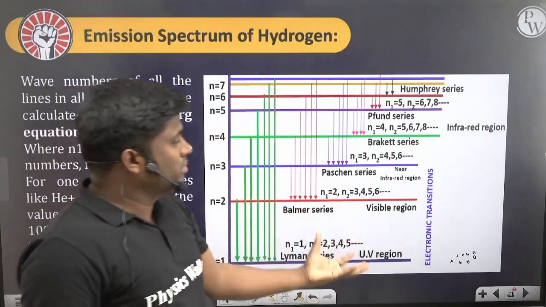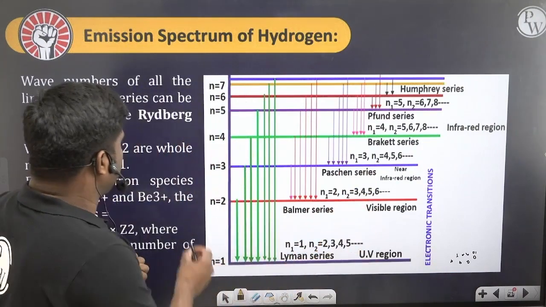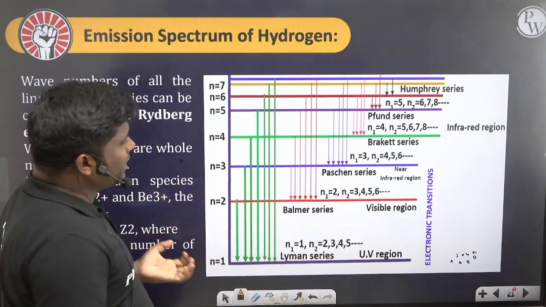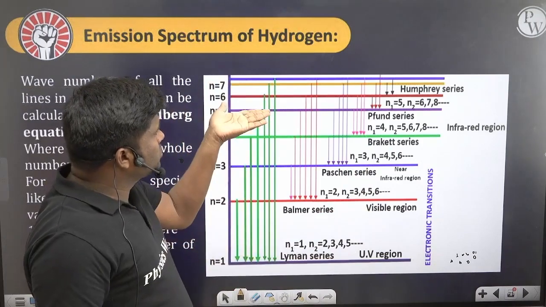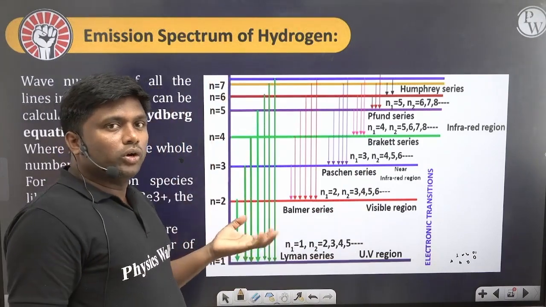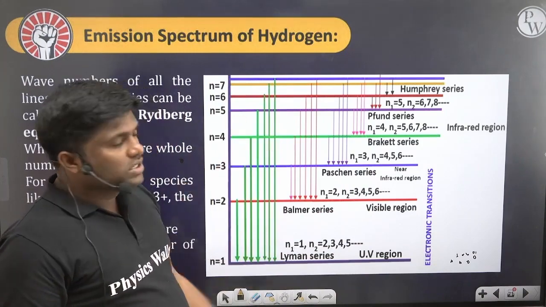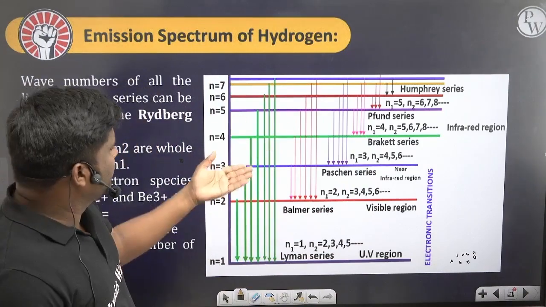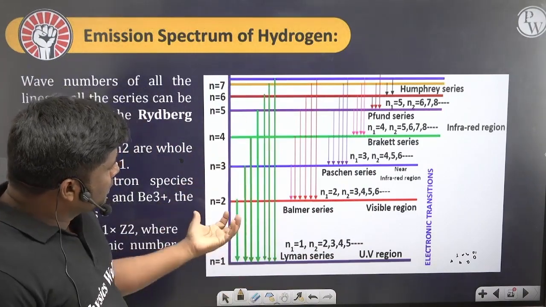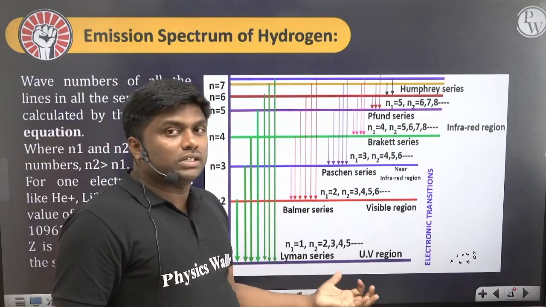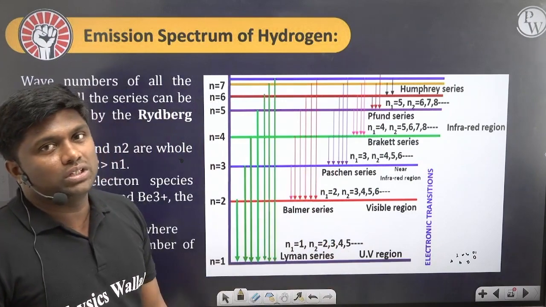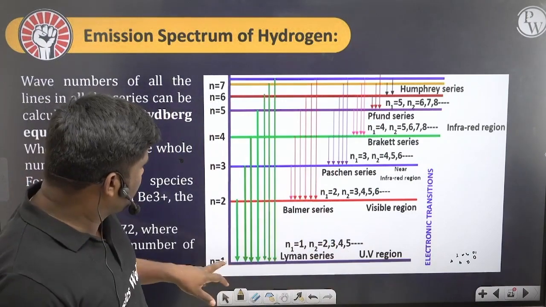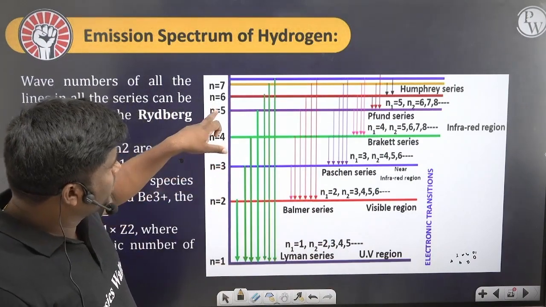When they absorb the maximum amount of energy, where do they go? They go from the lower orbit to the higher orbit. Some absorbed less energy and go to the 6th level. Some absorbed even less energy and go to the 7th level, the 5th level. So based on the amount of energy that they have absorbed, they can go to their respective energy levels or respective orbits: first orbit, second orbit, third orbit, fourth orbit, fifth.